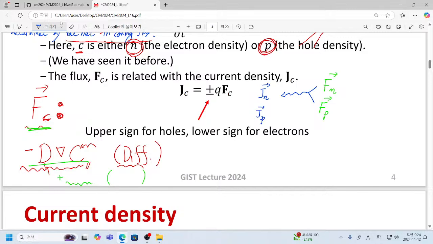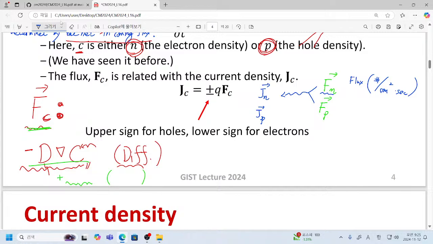This is because eventually what we want to do is to calculate electric current out of this simulation. So this is flux, and its unit is the number of particles crossing a unit area per unit time, per second, per square centimeter.